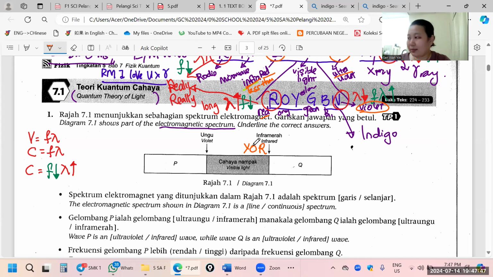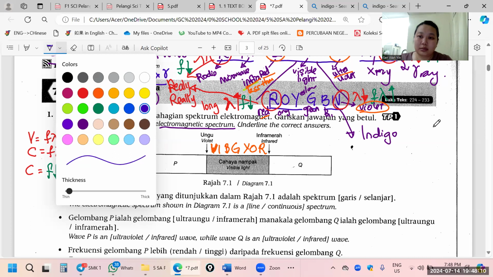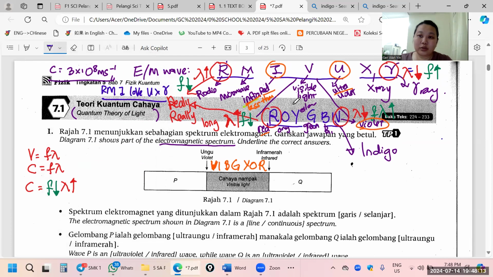So Roy give birth. If you can remember the sequence, it doesn't matter whether it is reversed or up and down.